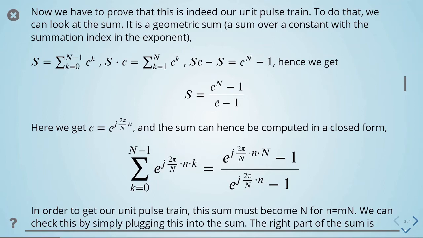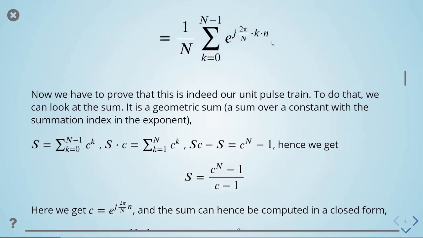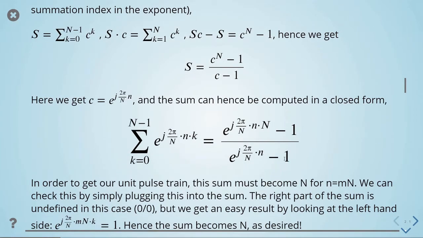So we are replacing c by what we had, and we have this equation here. In order to get our unit pulse train, this sum must become capital N for n equal to m times N. So how can we check this?